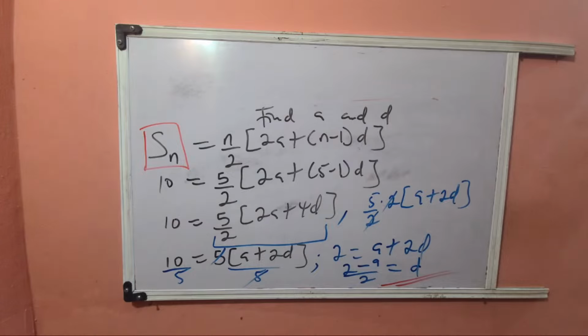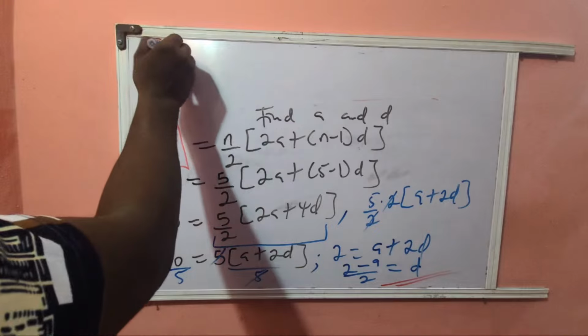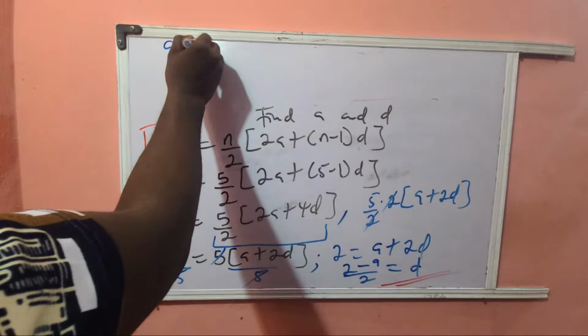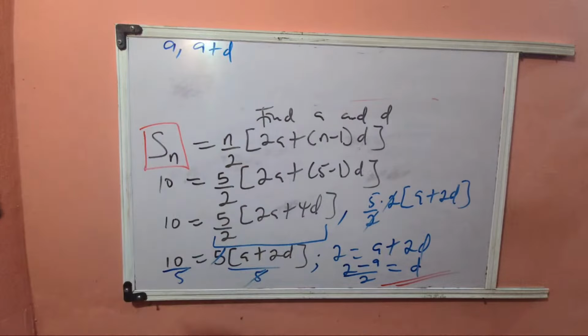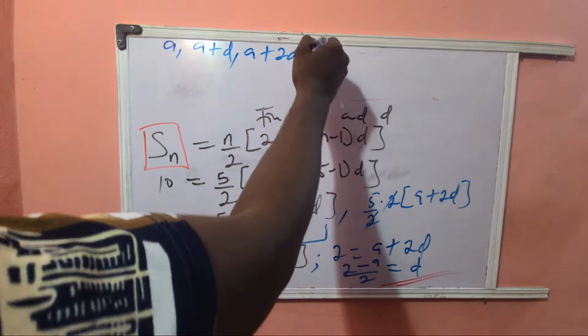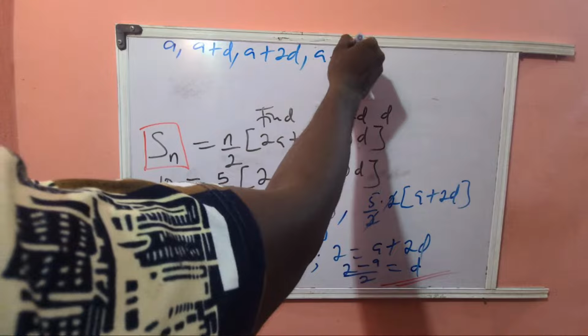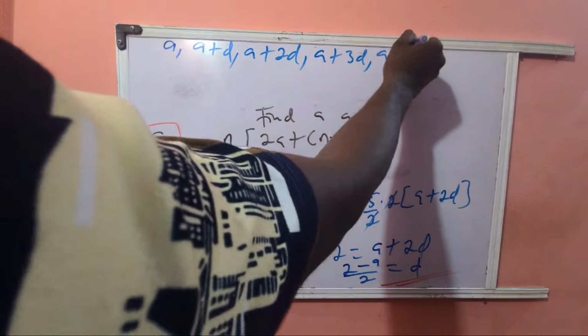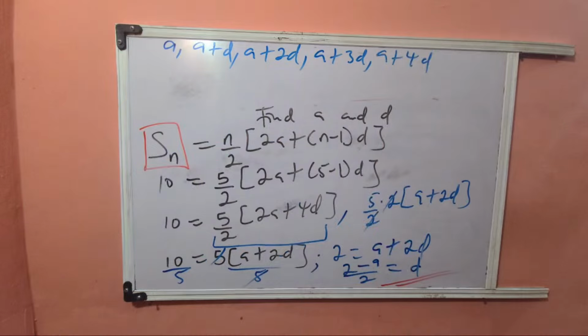The first term is a, the next term is a plus d, the next is a plus 2d, the fourth term is a plus 3d, and the fifth term is a plus 4d. So these are the 5 terms we're looking at.